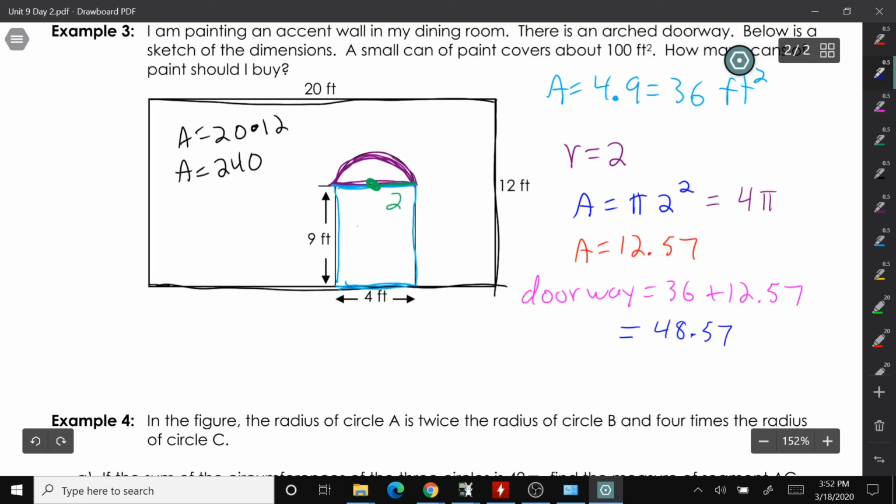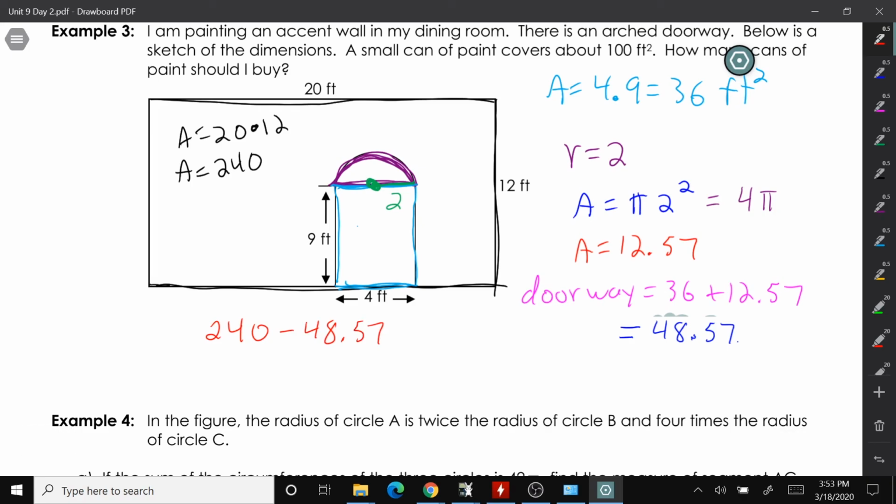So that is the area of the whole doorway, arch and all. Now the whole wall was 240, so we're going to do 240 minus 48.57. And that equals 191.43.